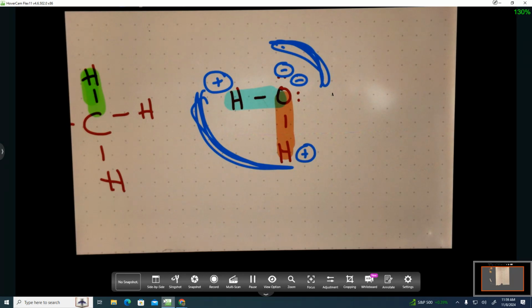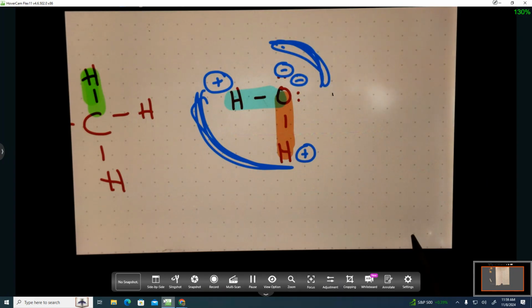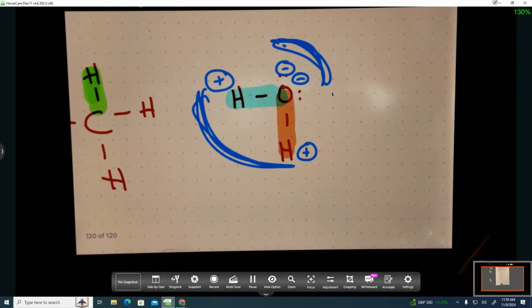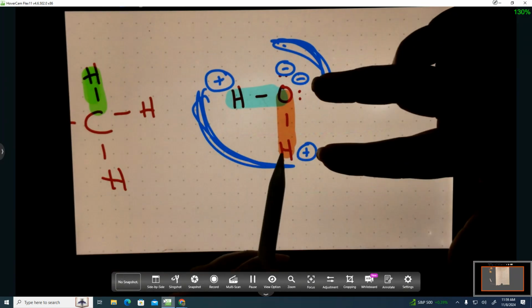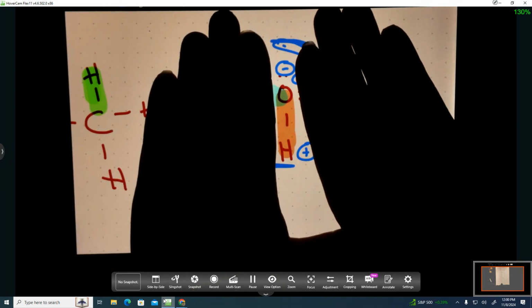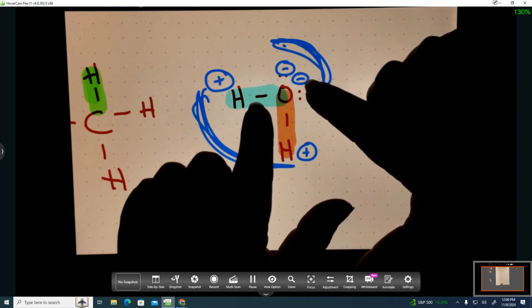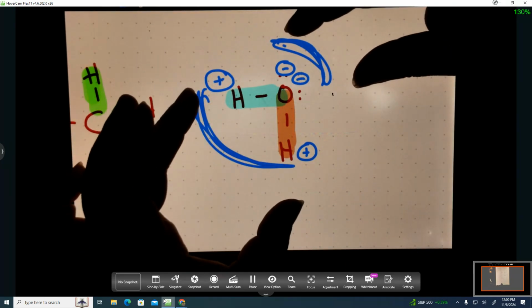So the whole molecule is also polar because it has a positive side and a negative side. All right? So you have to watch the vocabulary that I'm going to start using. I'm going to say, is the bond polar or nonpolar? If the bond is different, we're only talking about that one little section, the bond. That bond is polar. This bond is polar. And the whole molecule is polar.